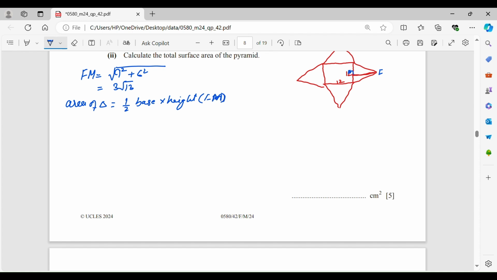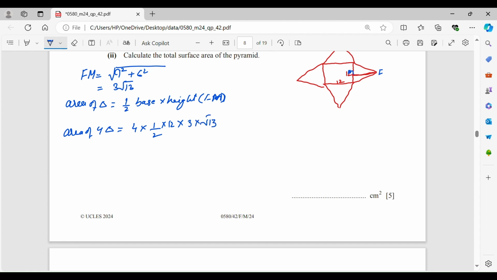So the area of 4 triangles will be equal to 4 into 1 by 2 into base, which is 12, into height. Height will be 3 into root 13.